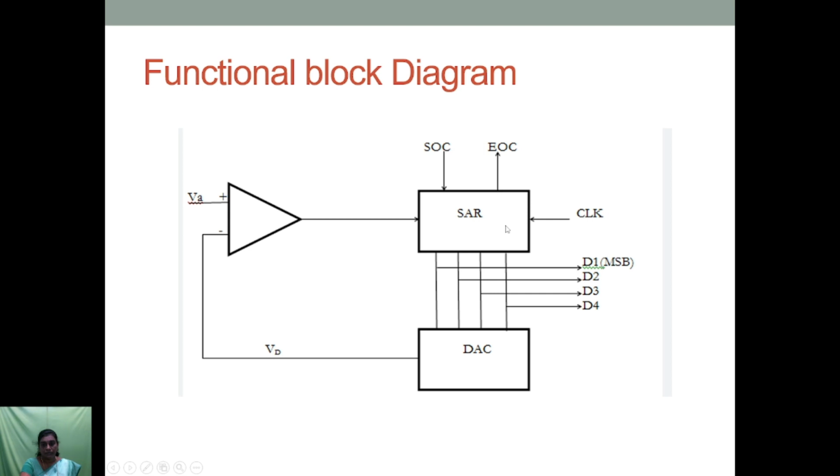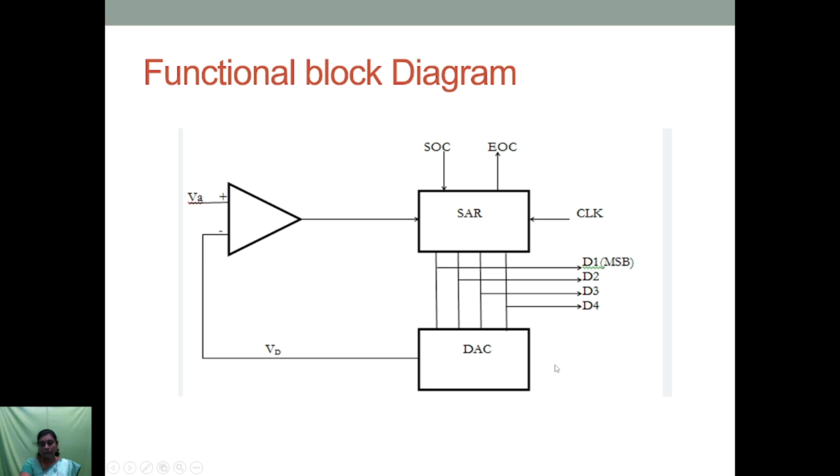In this analog to digital converter, we are using a digital to analog converter, which converts the digital output into the corresponding analog signal, which can be compared in this comparator. Here VA is the analog input which we have to convert into digital.